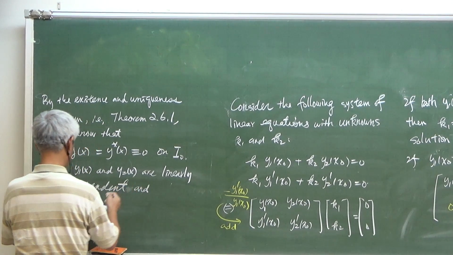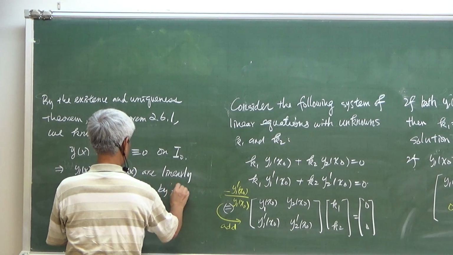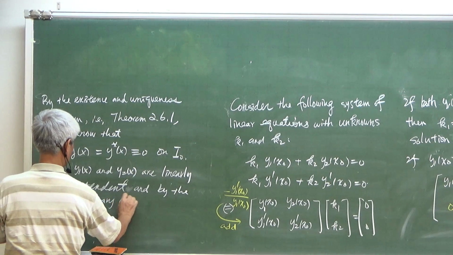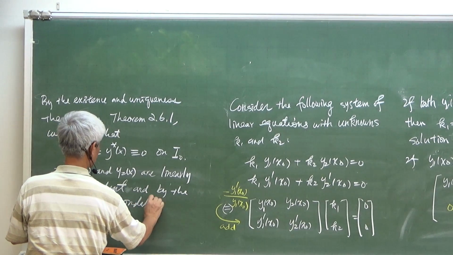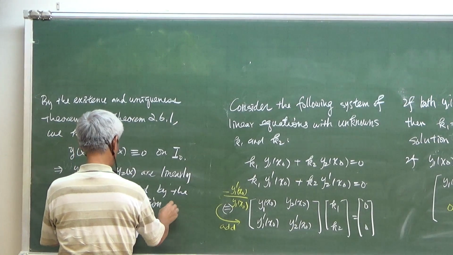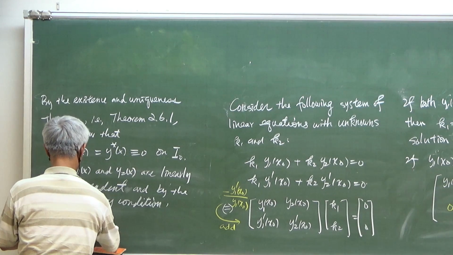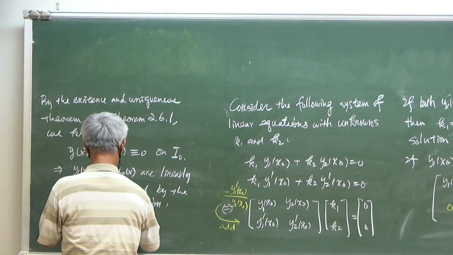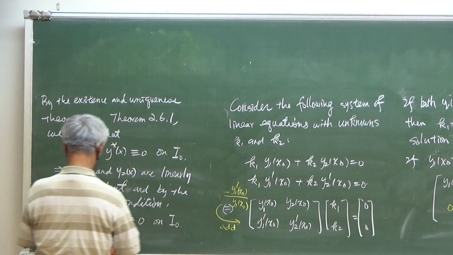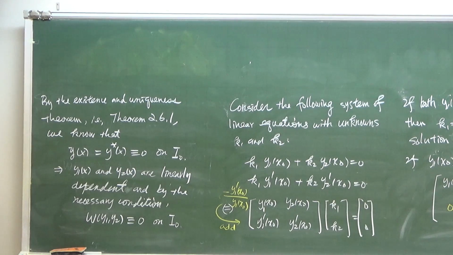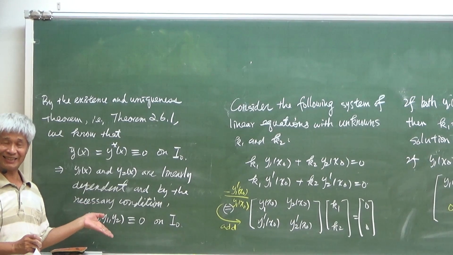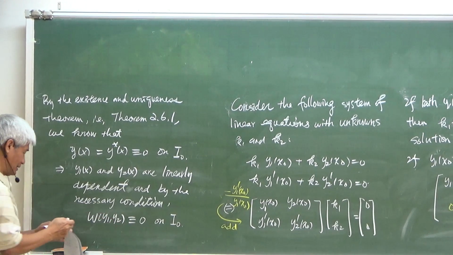By the necessary condition, which says that if these two solutions are linearly dependent, then the Wronskian of y1 and y2 should be identical to 0 on I0.